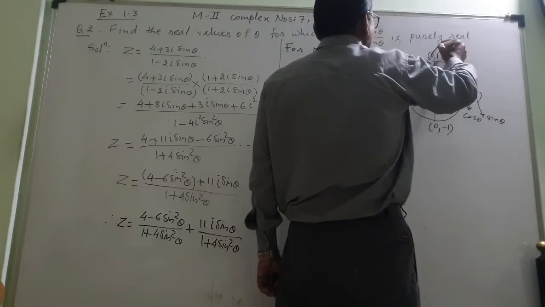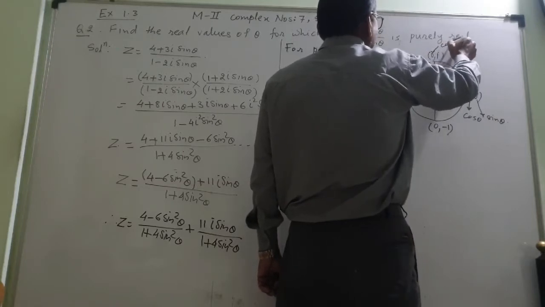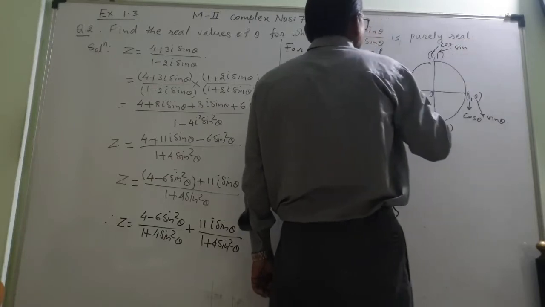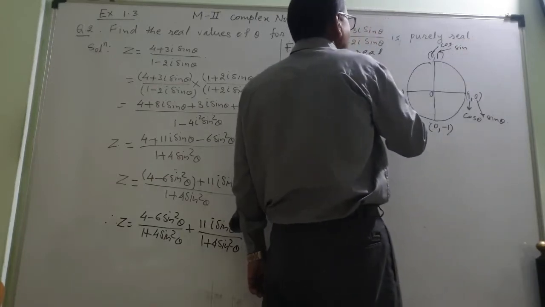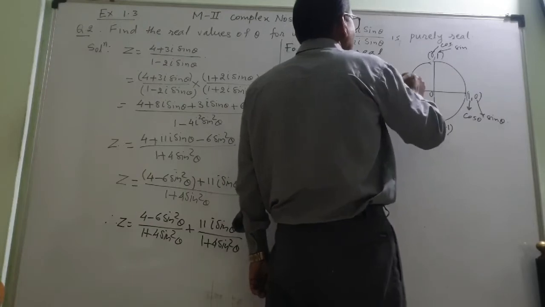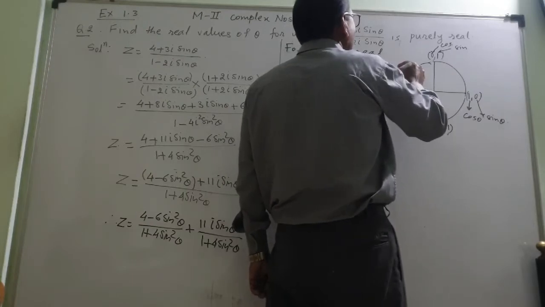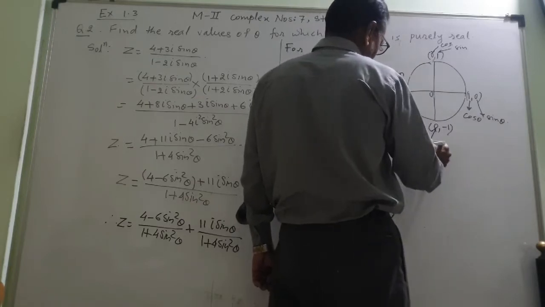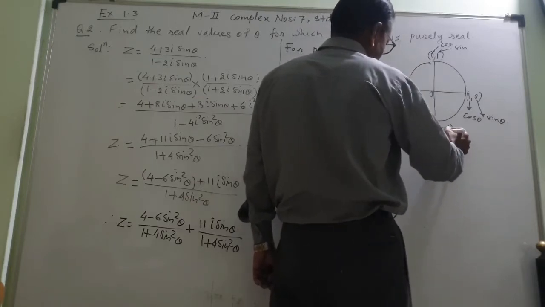This is cos. X coordinate is cos and y coordinate is sine. Here also this is cos and this is sine.